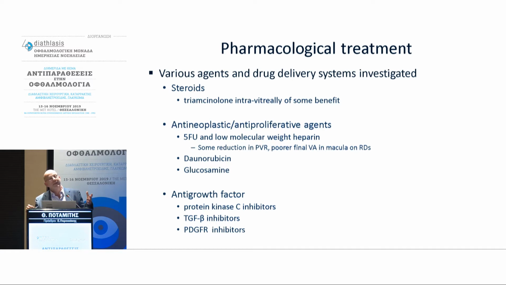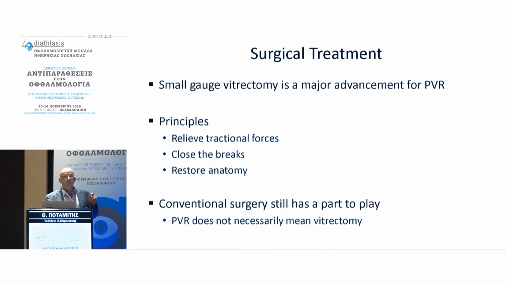And the other thing is that retinal detachments where the macula was still attached that were infused with 5-FU ended up with lower final visual acuity. So 5-FU has more or less left the playing field. There are other anti-growth factors that are being tested, but to date there is no fixed or standardized pharmacological way to control PVR incidence. So what's really changed in PVR?